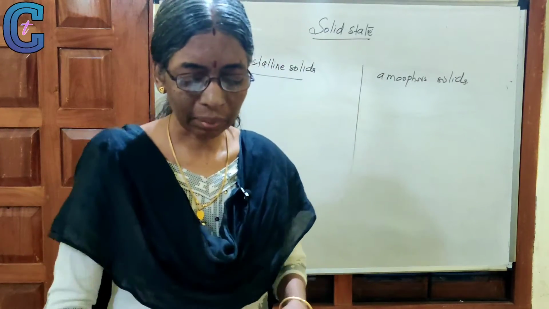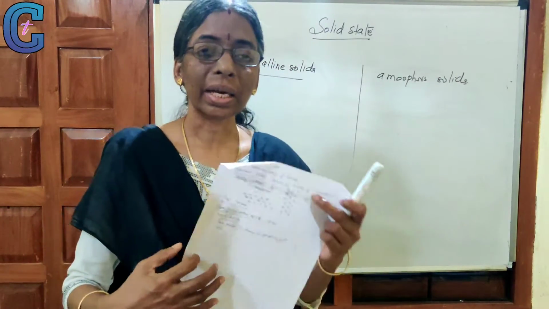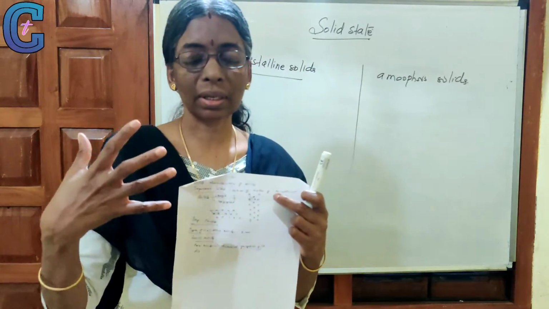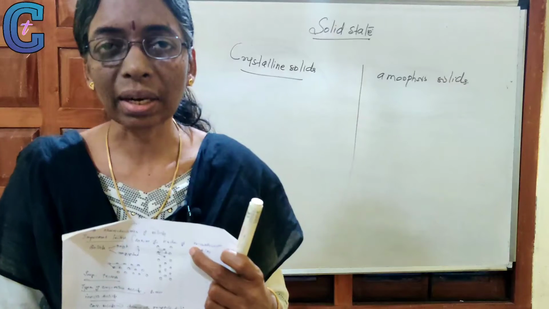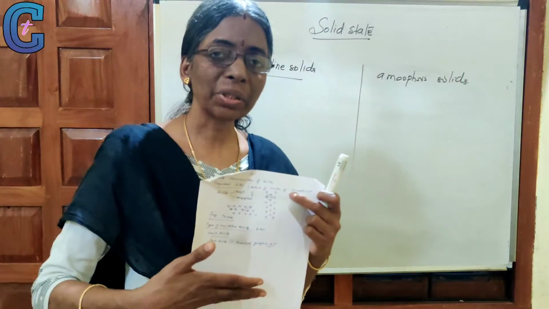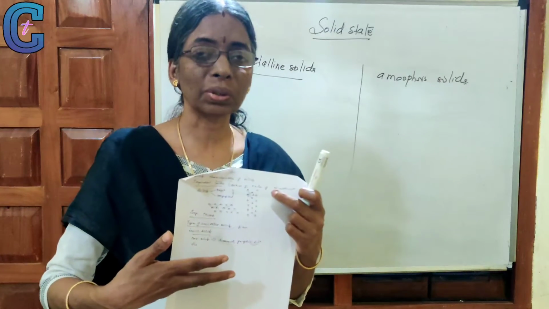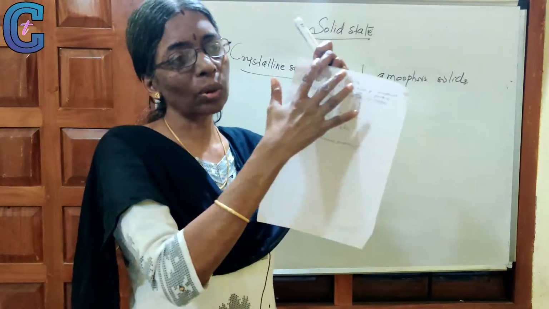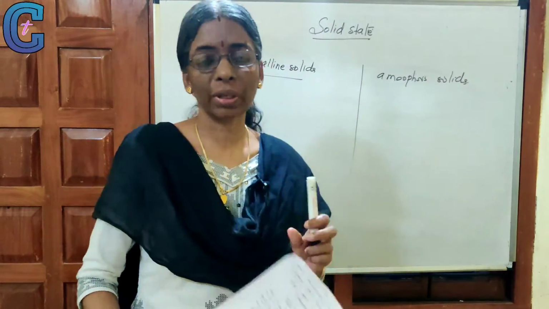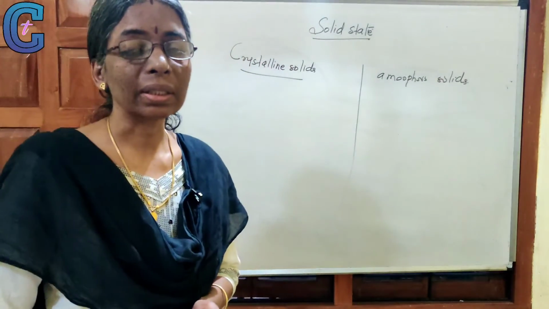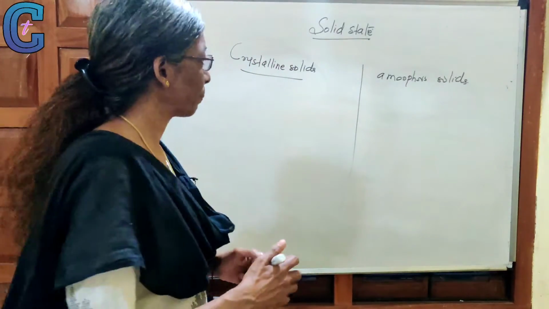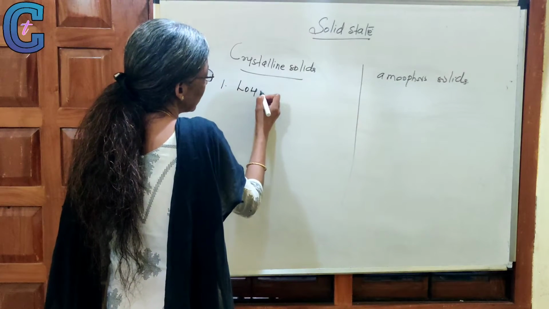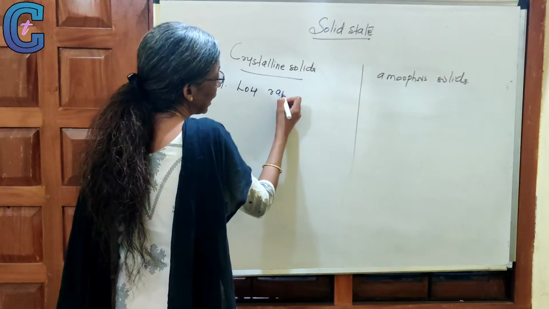Suppose this is the crystal, they have a particular orderly arrangement throughout the crystal, then we call that a crystalline solid. The arrangement continuously goes from one area to other. As a whole structure they have regular arrangement, so we call it long range order.